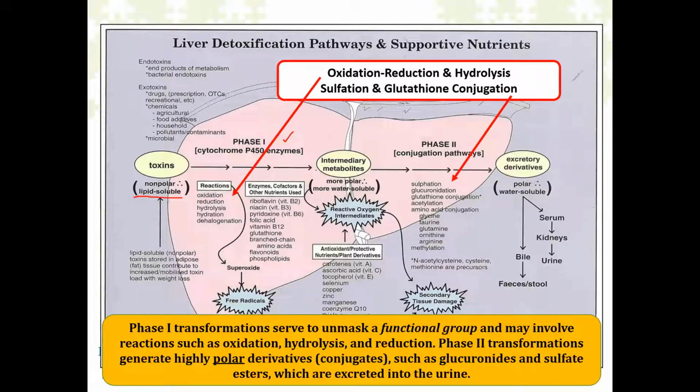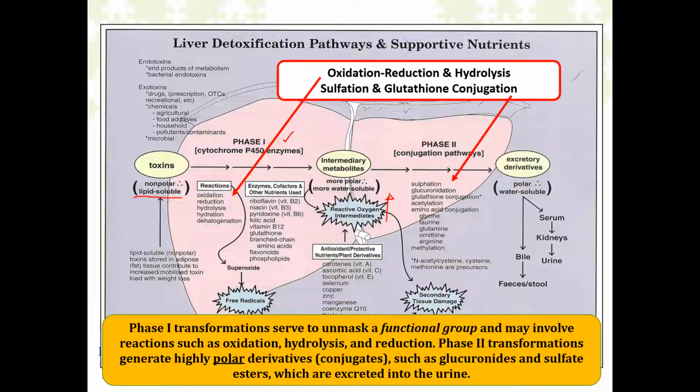And there's always an intermediary phase. And this intermediary phase is a place of great vulnerability, because we can actually generate a lot of reactive oxygen species, which I'll show you a picture of. And this can cause a lot of cellular damage. So we need a fair amount of antioxidants to help protect against oxidative stress, free radical formation.